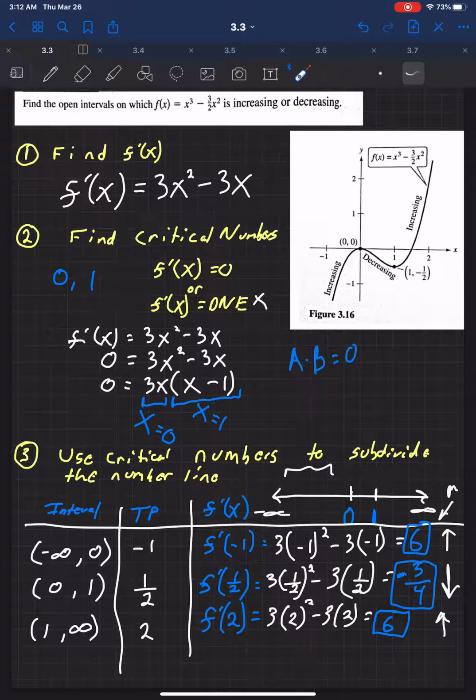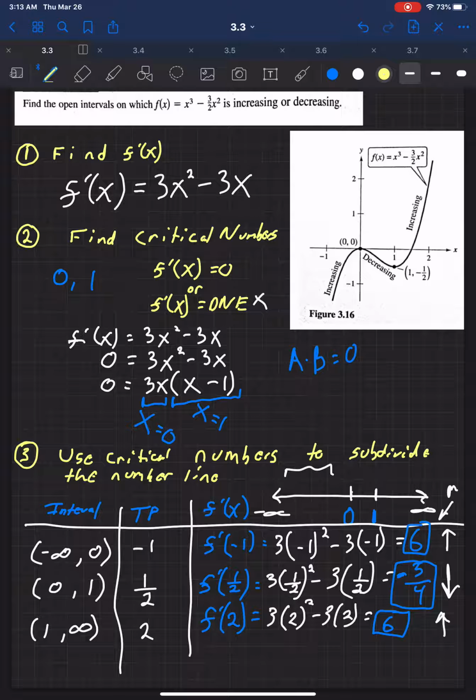And then as you proceed from 0, we had a negative slope, which means that our function is decreasing from 0 all the way to x is 1. Once we get to x is 1, a positive slope tells us that our function is starting to increase again, and it continues.